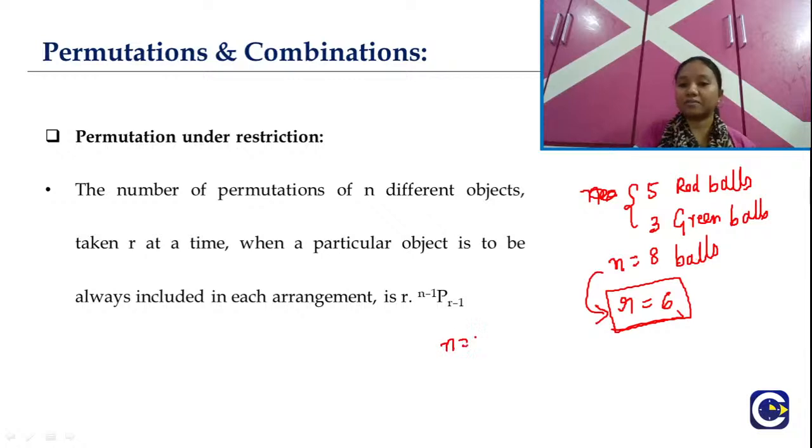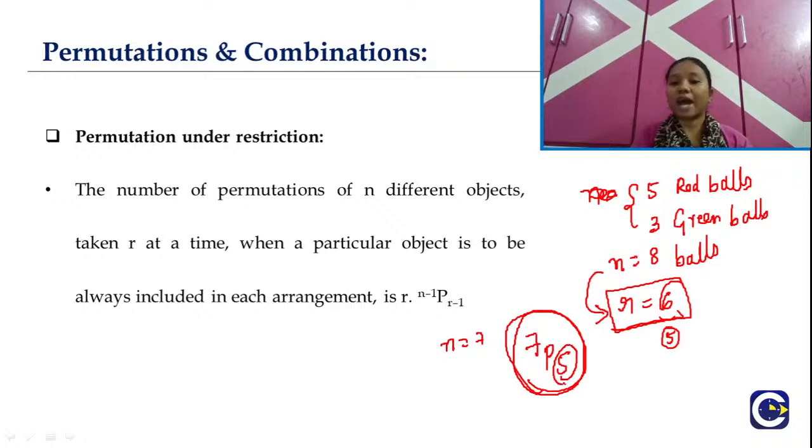So my n will become 7 now. As I have to select 6 balls, but I have already selected one red ball, so 1 is already over. So I have to take 5 balls only now. So that will be 7P5.